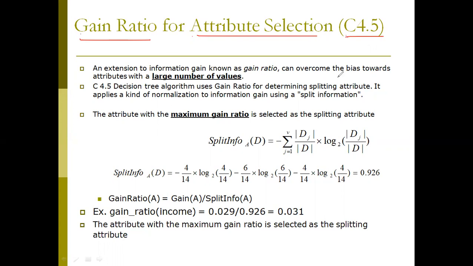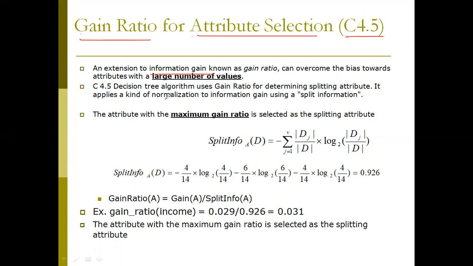Okay, let us see the first point. The gain ratio is an extension to information gain. Already we have seen the information gain concept in earlier sessions, right? So this gain ratio concept is the extension to that information gain.